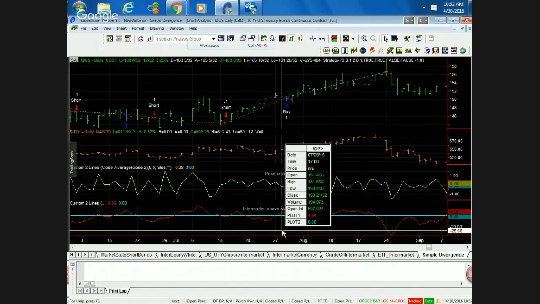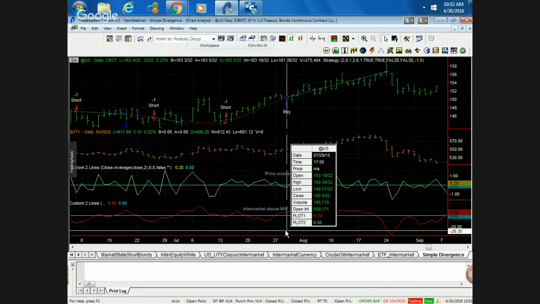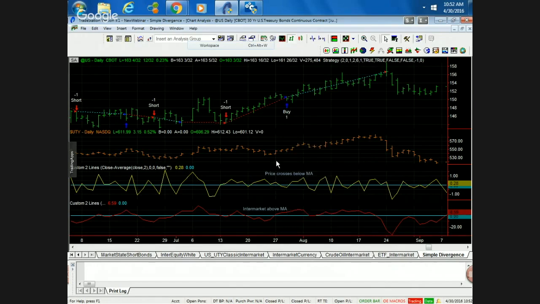The utility index down there is crossing above zero, but yet on that buy signal you have the divergence: the US bonds are below that zero line and the utilities are above. That's a divergence because they should be positively correlated.